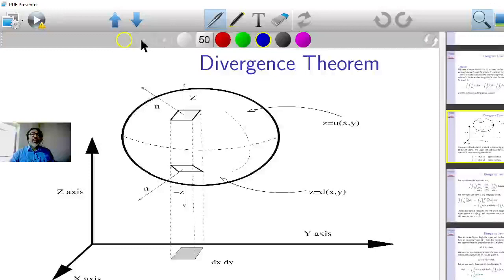That means in the upper surface, dS multiplied by n dot k is equal to dx dy.